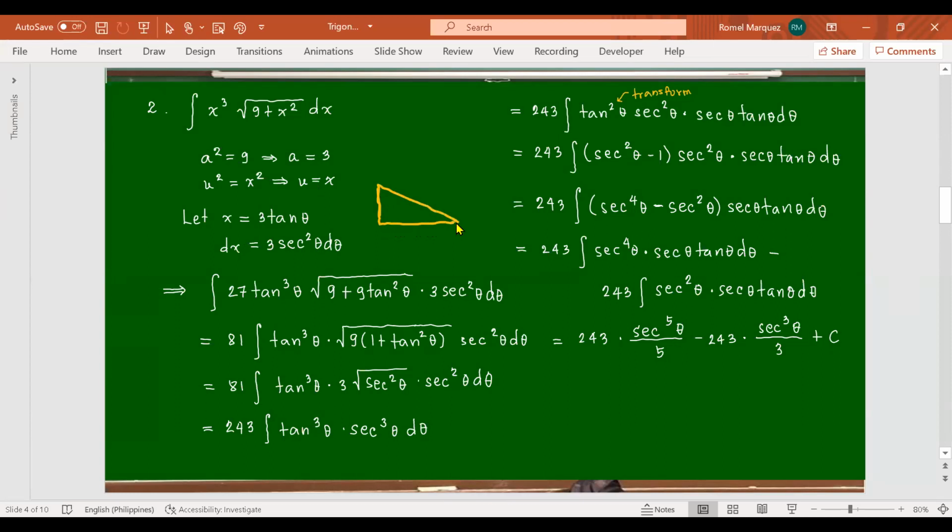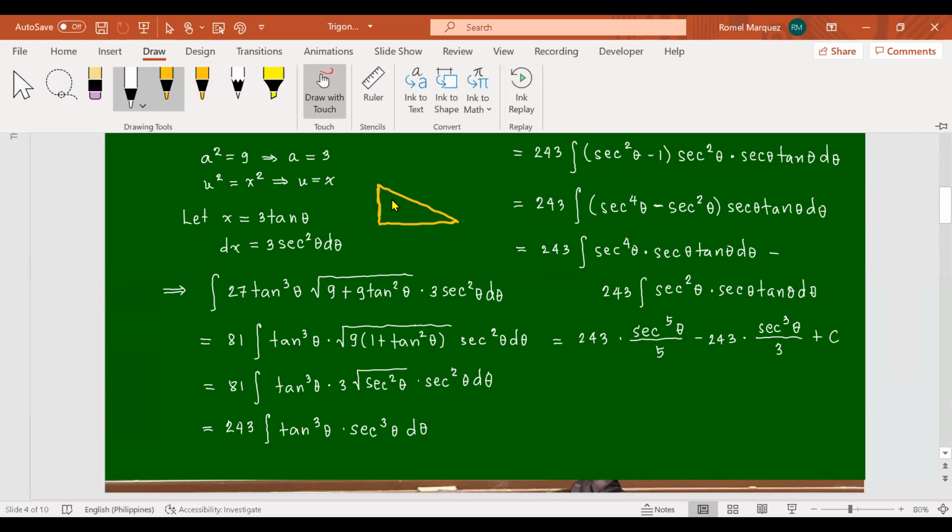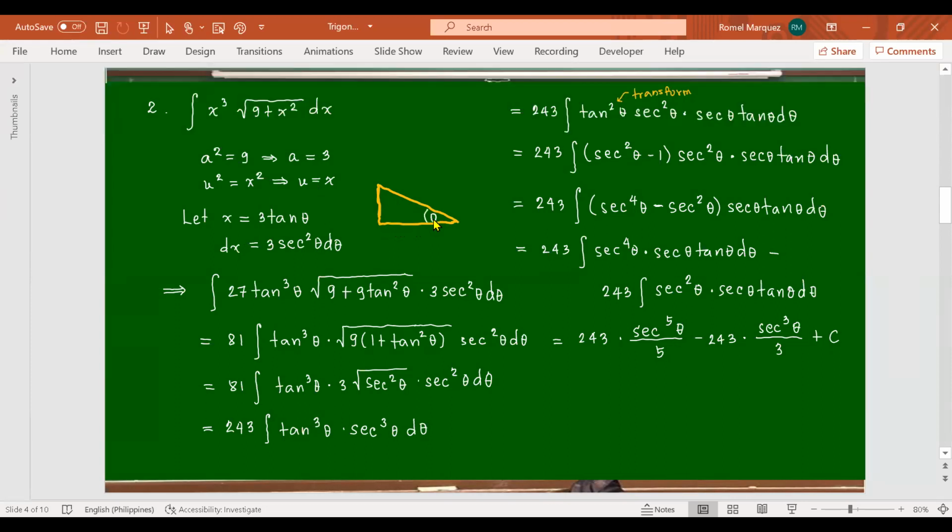And if this is theta, how do we define tangent theta? Tangent theta is equal to x over 3.